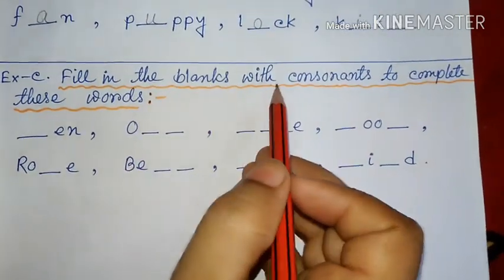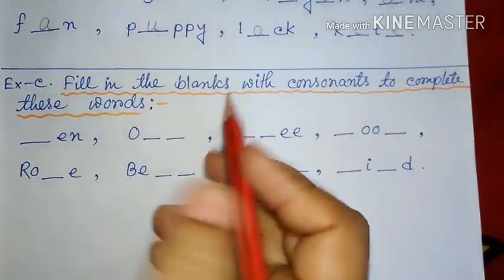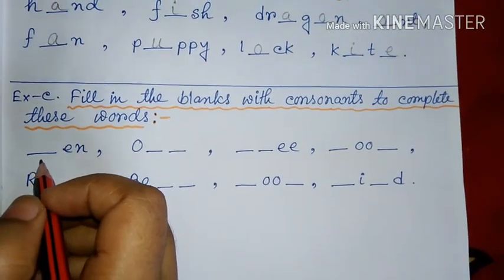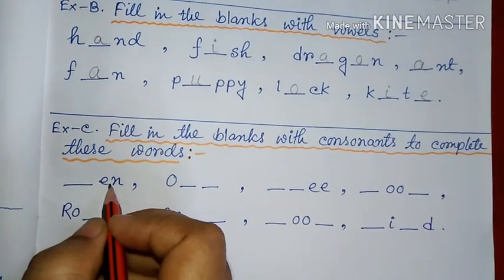Our next exercise C. Fill in the blanks with the consonant to complete these words. So here the letters are EN.